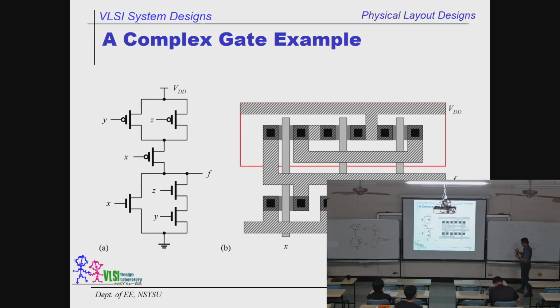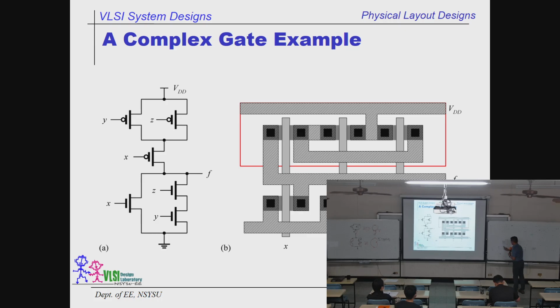So don't panic. Then we need 3 transistors: 1, 2, 3. Right now we need 2 in series. So these 2 are in series, and we need a contact here and a contact here because these 2 are considered in series.